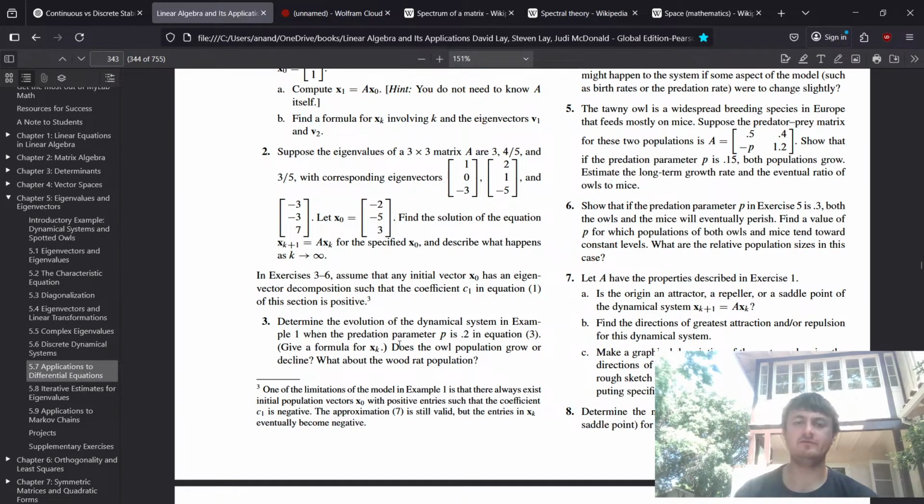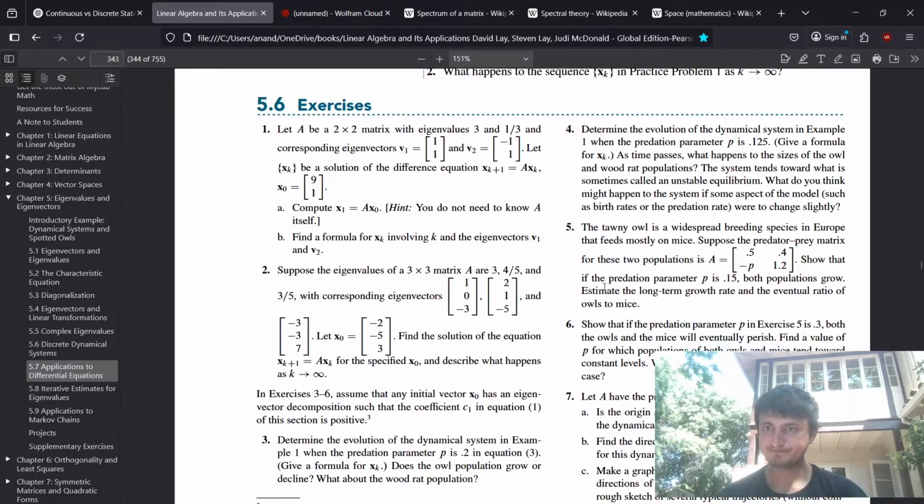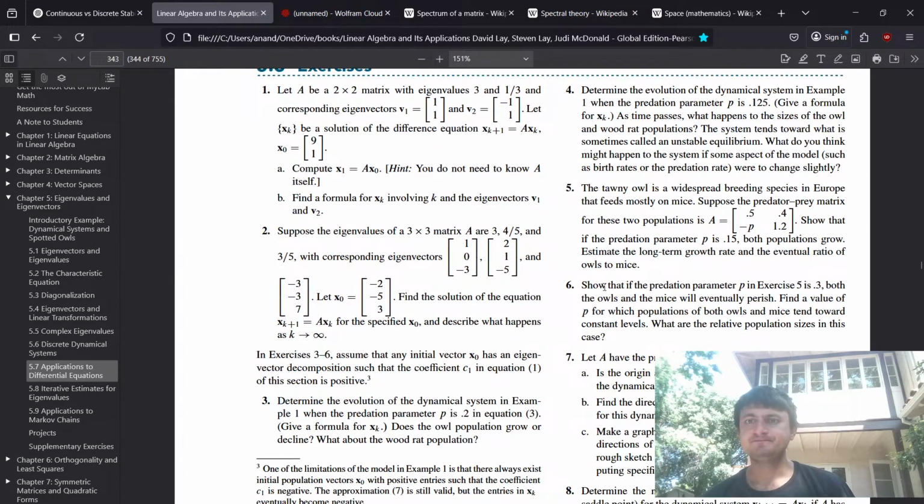All right, determine the evolution of the dynamical system in example 1 when the predation parameter is 0.2.